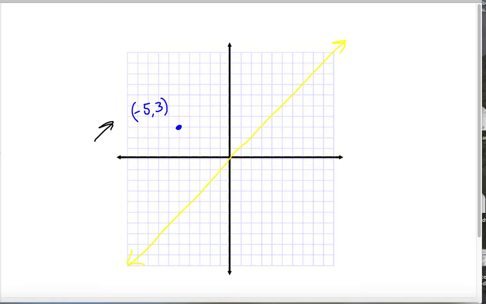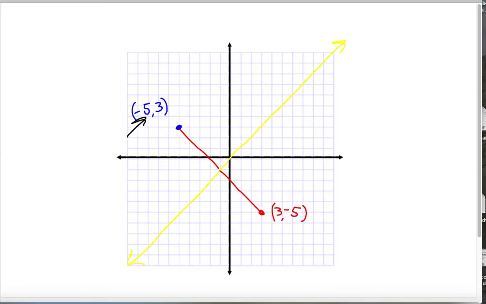What I'm going to do is count how far away it is. It's 1, 2, 3, 4 boxes going on the diagonal. So 1, 2, 3. There's my new point. What are the coordinates of this? It's 3, negative 5.